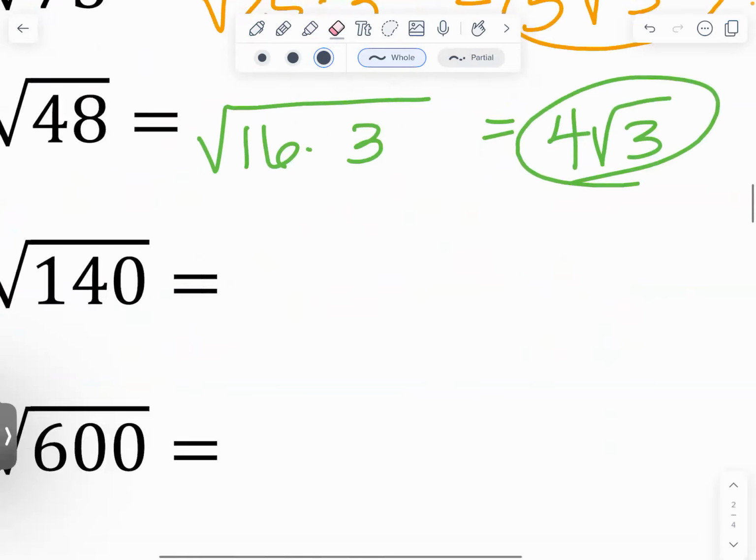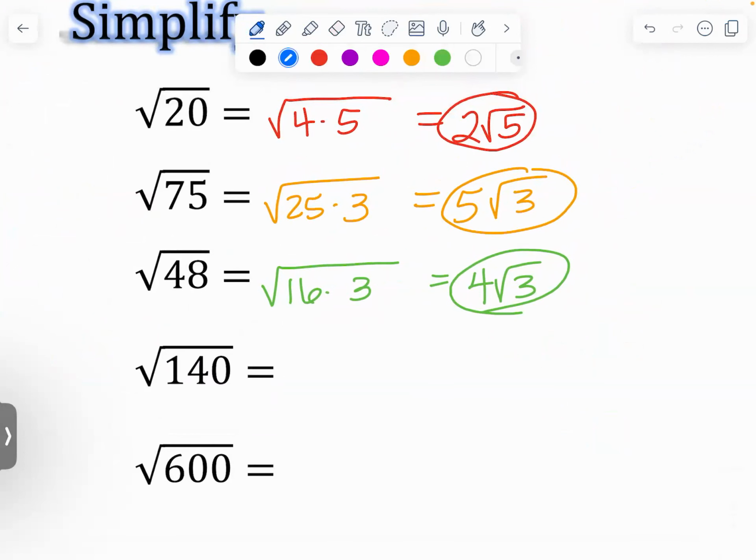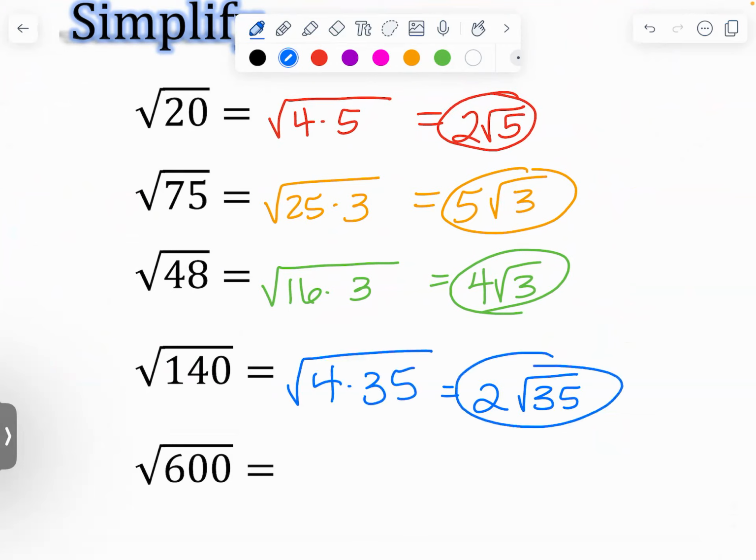Okay. All right. The square root of 140. Nora, what did you get for that one? So this 140 is 4 times 35. Okay, awesome. So we have 2 square root 35. Okay, Ben, how about 600? Okay, good.